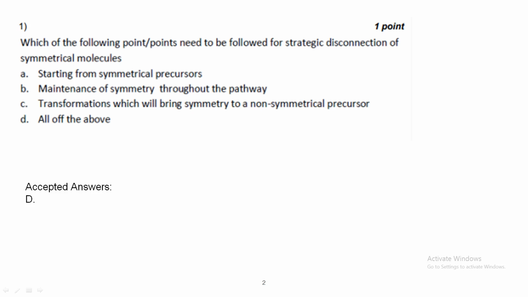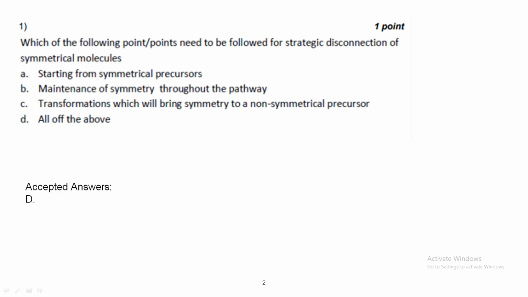The first point is starting from a symmetrical precursor. To explain that, let's take a symmetric molecule and disconnect it, doing the retrosynthetic analysis and following which of the points correlate with our strategy. That's how we can decide the answer.